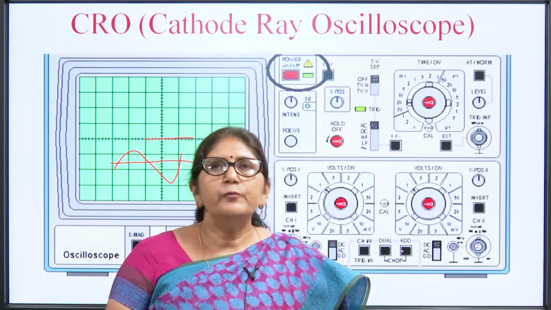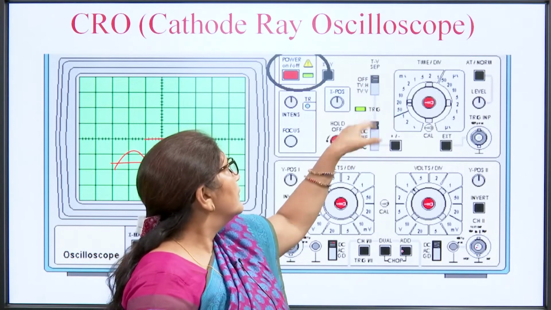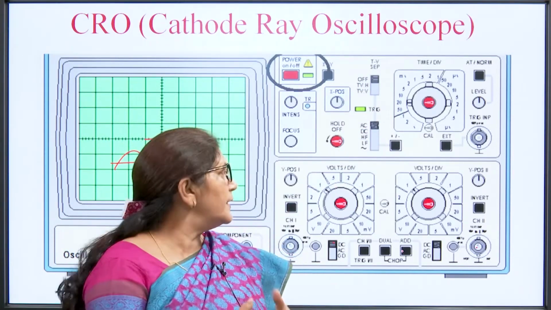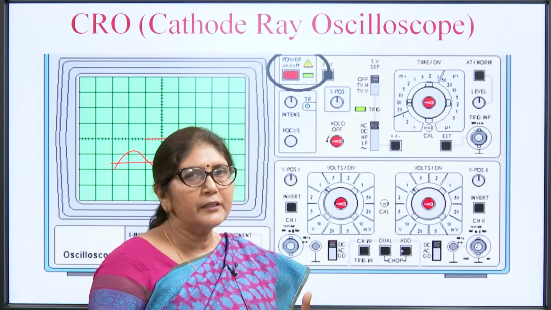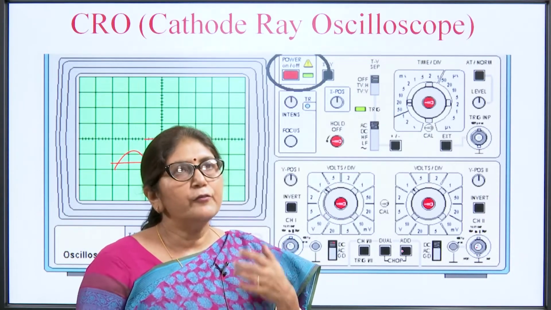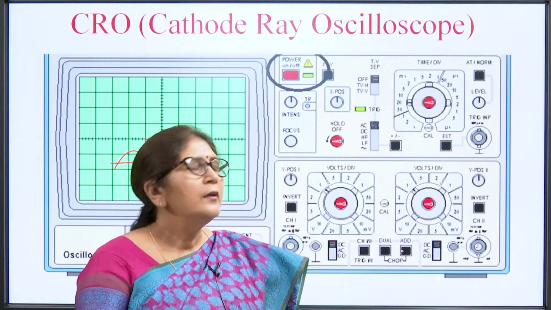So, when we want to measure that composite signal, we have to press the switch at that position. If it is a high frequency composite signal, we will put the knob at high frequency. If it is a low frequency composite signal, then we will put the knob at this position.